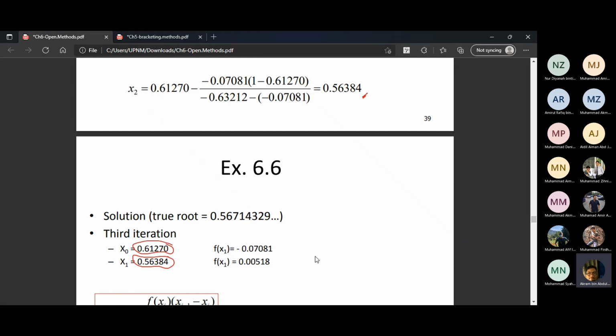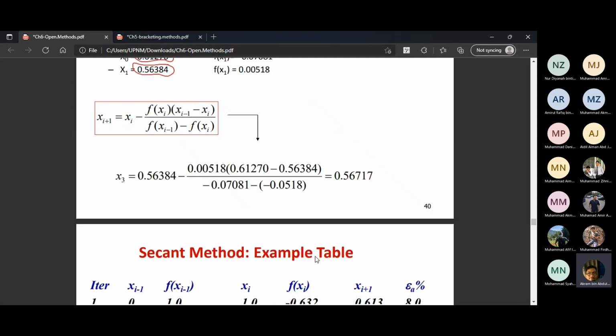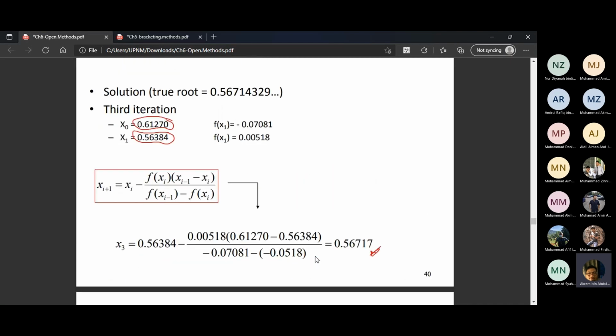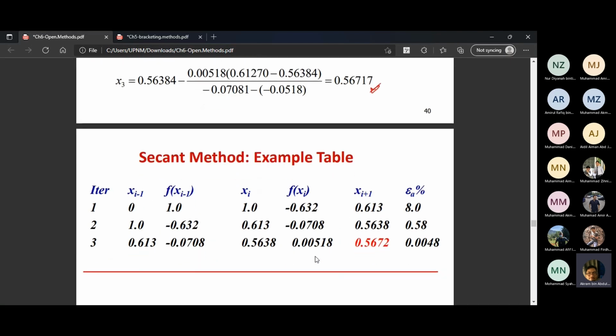So x1 will take the value of x2 and x0 will take the value of x1. So we solve it, then we will get the value of our x3.